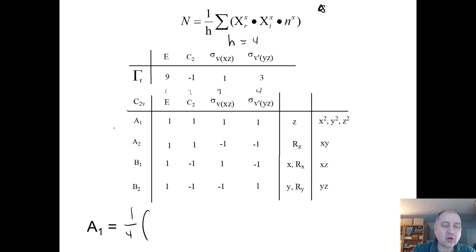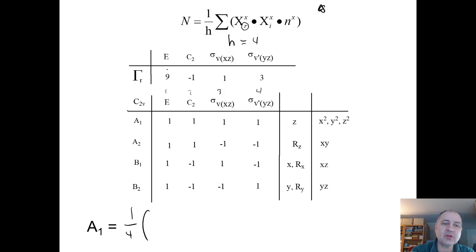And we do this for each of the symmetry patterns. We'll do this for the A1, the A2, the B1, and the B2. So let's just do the A1 as an example. The summation is chi R times chi I times N. Now chi is the character, R stands for reducible representation.